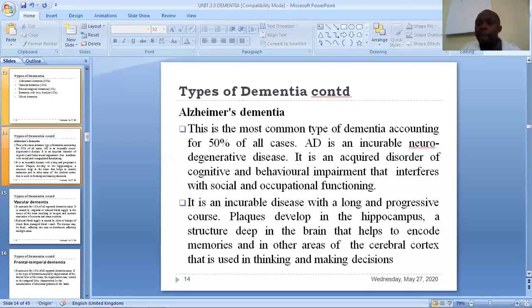What is this hippocampus? This is a structure deep in the brain, in the temporal cerebral cortex, which helps to encode memories, and in other areas of the cerebral cortex that is used in thinking and making decisions.